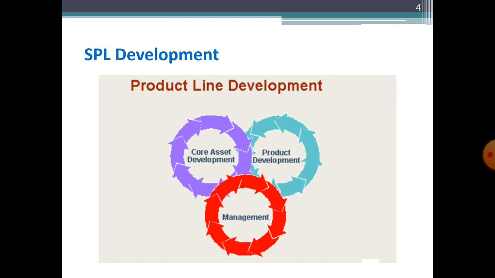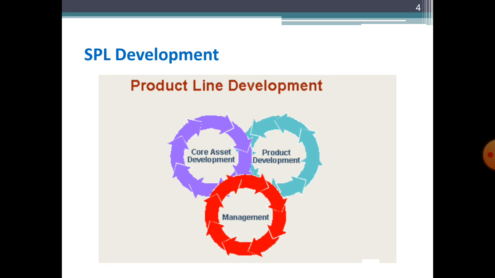The goal of core asset development activity is to create a capability within the organization to produce a particular type of application with the same or similar software architecture. So this is the main goal behind core asset development.